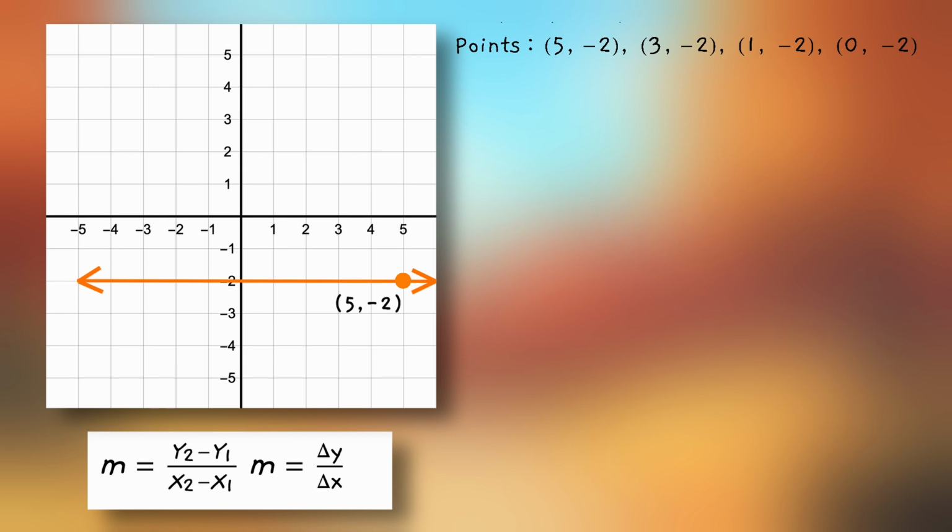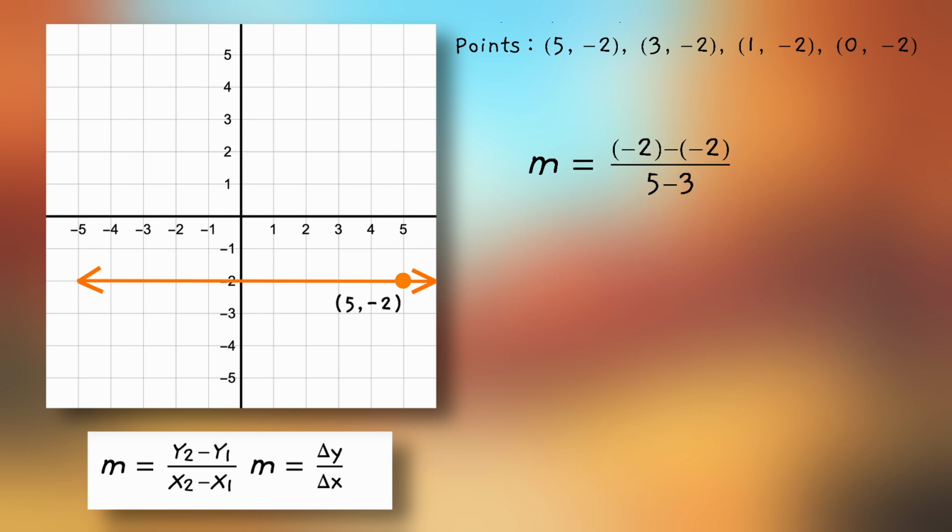So we could just pick any two of these that we want in order to compute the slope. I'm going to go ahead and use these first 2 points to compute the slope. So once again, the slope is the rise over the run, which is the change in y's over the change in x's. So we're going to take -2 minus -2 divided by 5 minus 3.